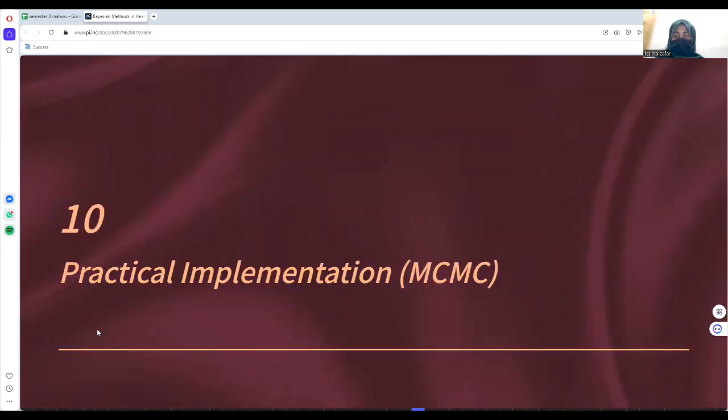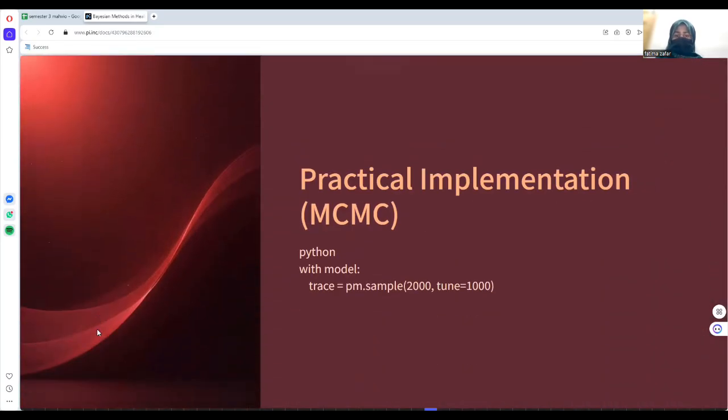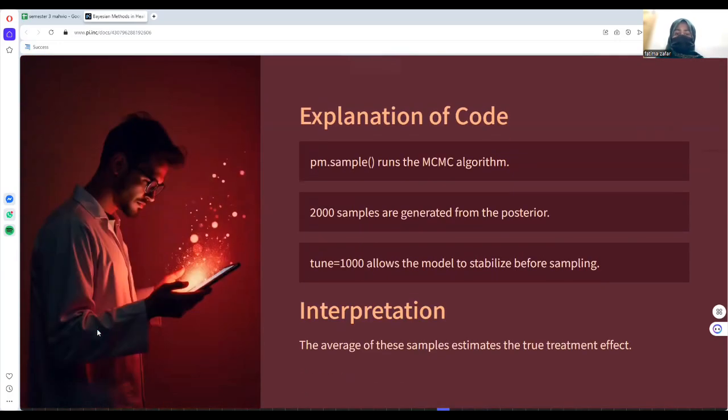So let me show a little implementation of it. We have a Python with model, trace equals pm.sample, and so on. What does pm.sample do? It runs the model with our algorithm, and 2000 samples are generated from the posterior.